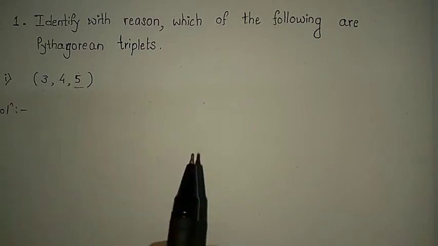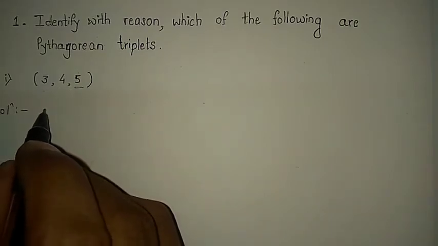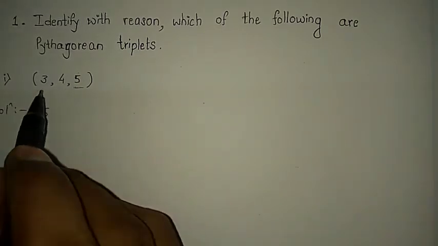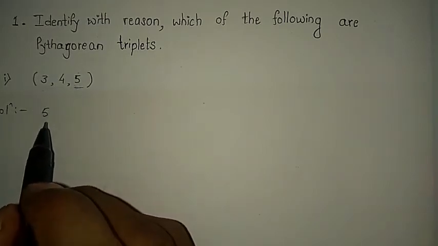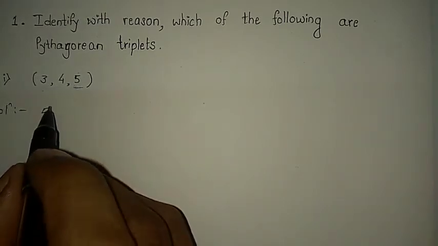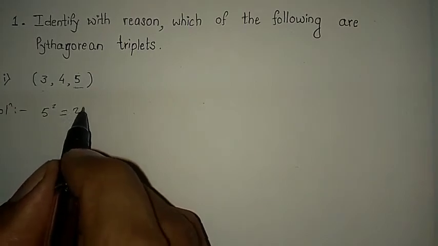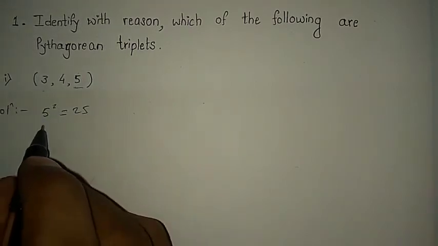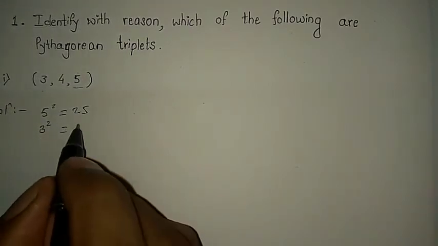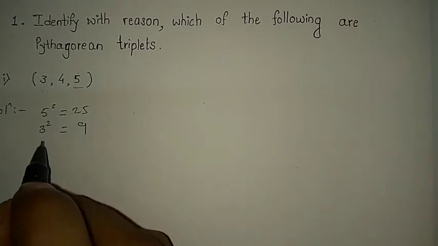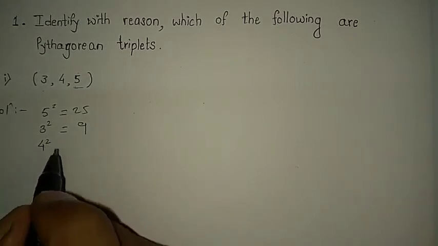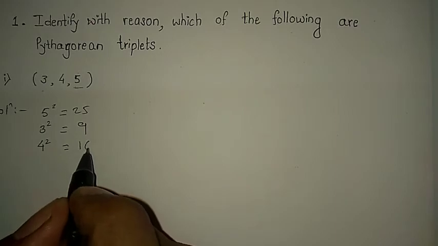So first write here the square of the greatest side, 3, 4, 5. So 5 is the greatest number here. So 5 square is equal to 25 and 3 square equals 9 and 4 square equals how much? Yes, it is 16.